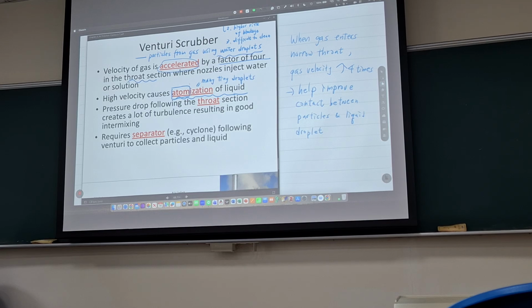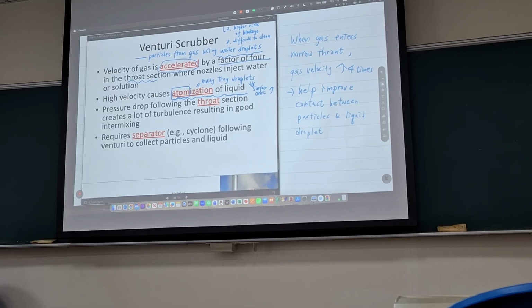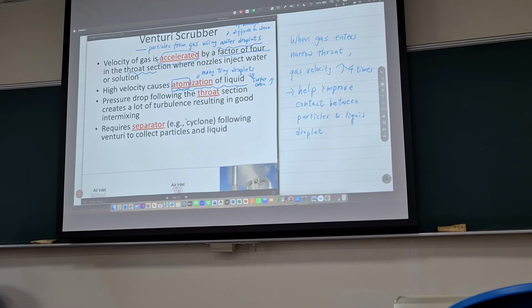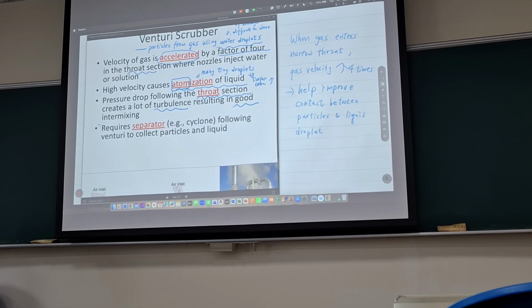And the smaller the droplet, the higher the surface area, right? So the smaller droplets also increase surface area. Also in the narrow regions, you create lots of turbulence, which results in good intermixing.